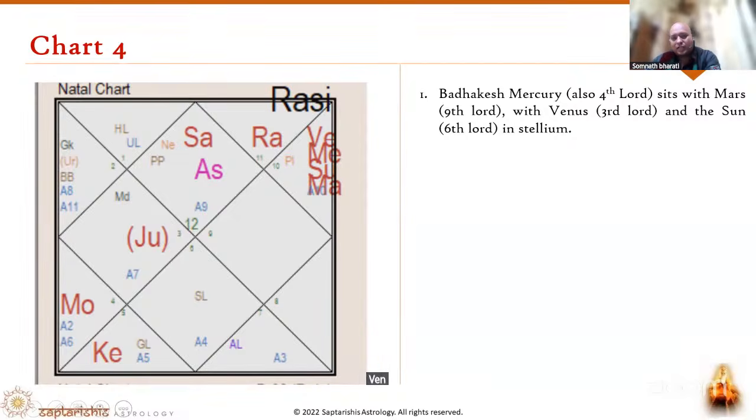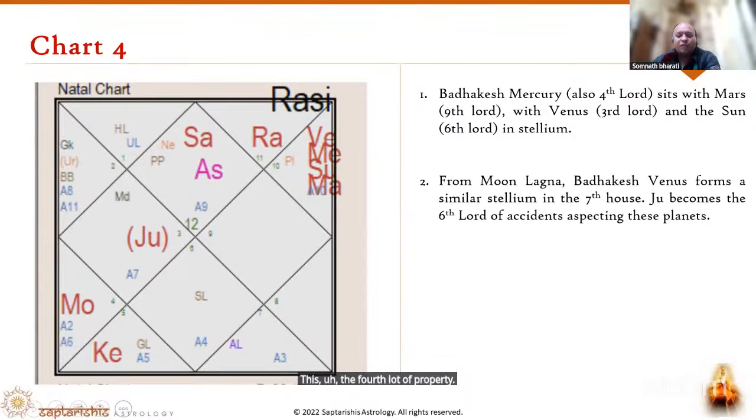Venus is also the Karaka for vehicles and is the third lord in this case, while the Sun is the sixth lord. And the Badhakesh Mercury is the fourth lord of property. From Moon Lagna, Badhakesh Venus is forming a similar stellium, but this time in the seventh house. Here, Jupiter becomes the sixth lord and is aspecting these planets.